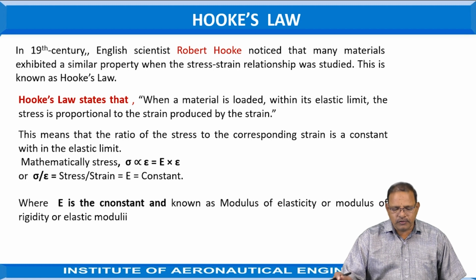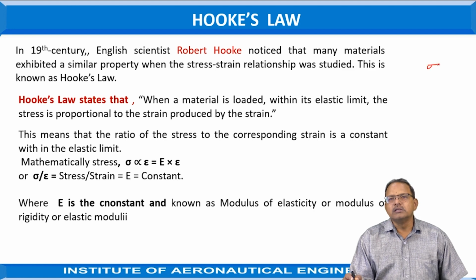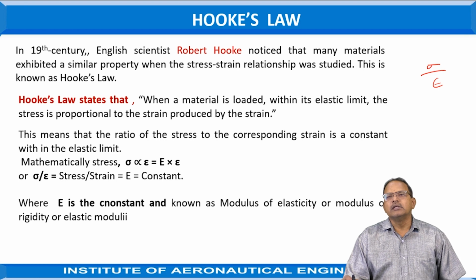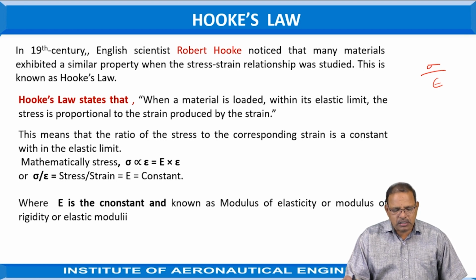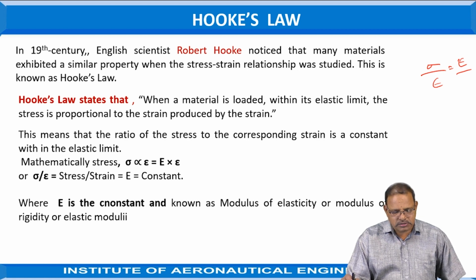Mathematically, if stress is represented by sigma and strain is represented by epsilon, the ratio of stress to strain for most of the materials is always constant. This constant is generally expressed in the form of E. That is, stress by strain is a constant for the materials.